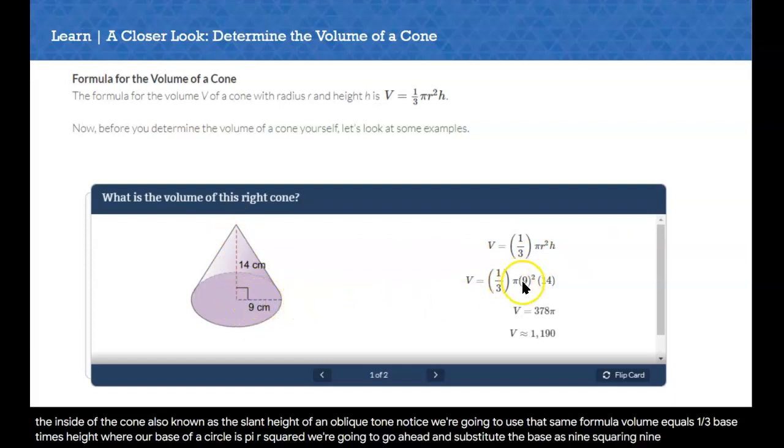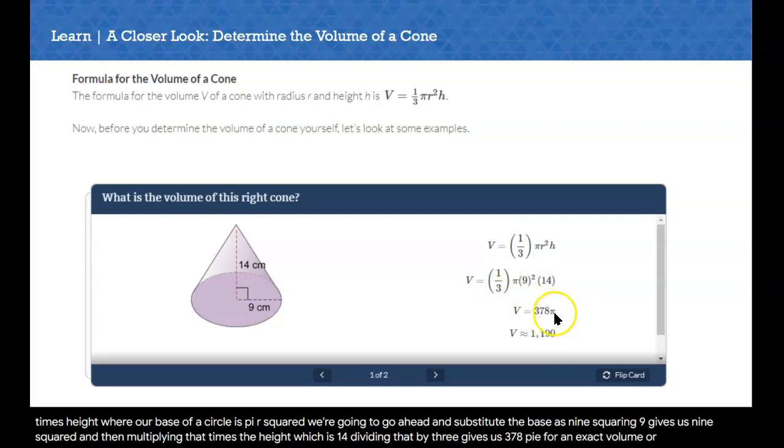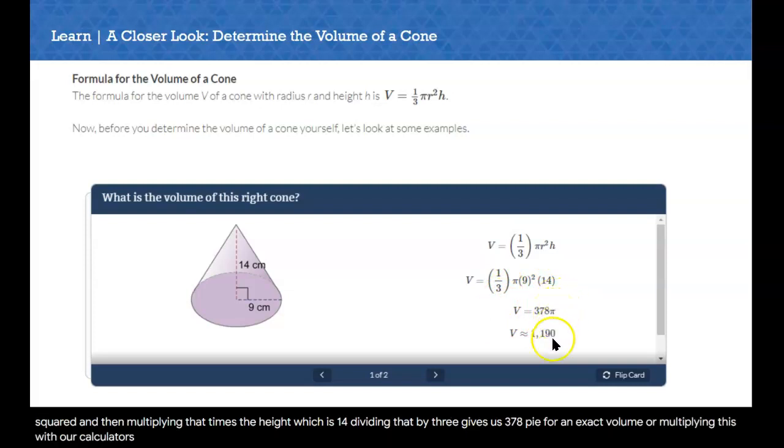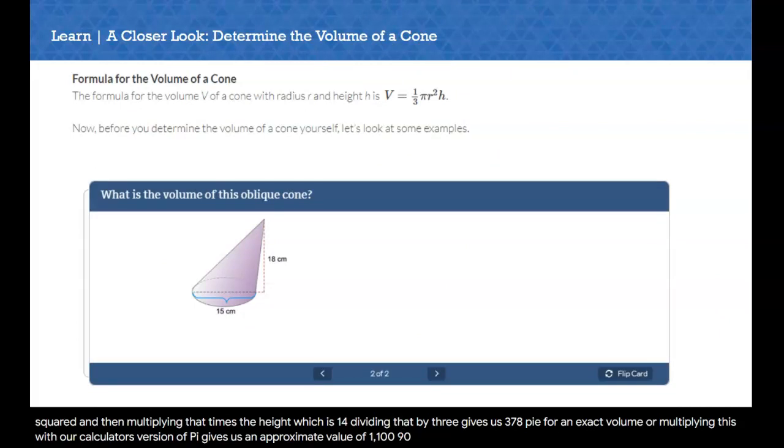Squaring 9 gives us 9 squared, and then multiplying that times the height, which is 14, and dividing that by 3 gives us 378 pi for an exact volume, or multiplying this with our calculator's version of pi gives us an approximate value of 1,190.